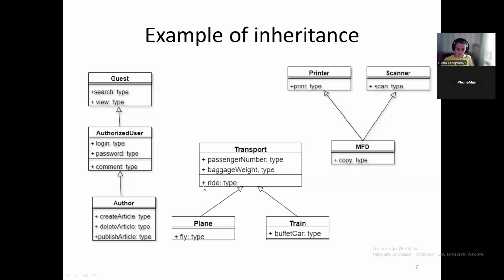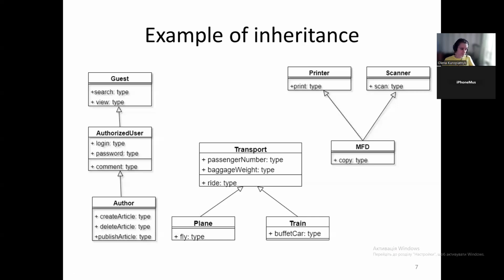And after that, plane has passenger number, baggage, and has two functions or two methods, ride and fly. And train has previous attributes, passenger number and baggage weight. It can ride, and it has an additional attribute, buffet car.